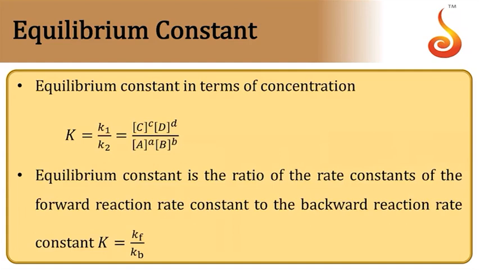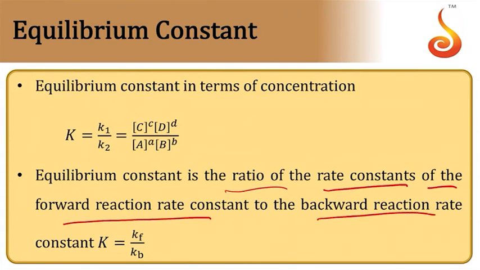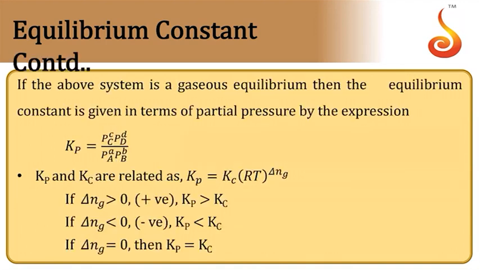So the equilibrium constant in terms of concentrations will be C power c into D power d by A power a into B power b. It is defined as the ratio of the forward reaction rate constant to the backward reaction rate constant, that is Kf by Kb itself is called the equilibrium constant.